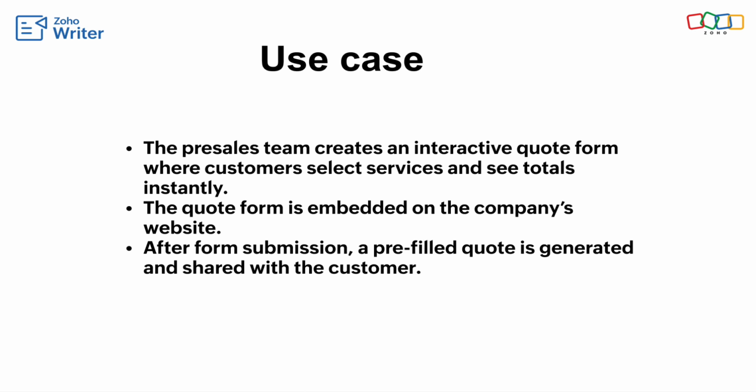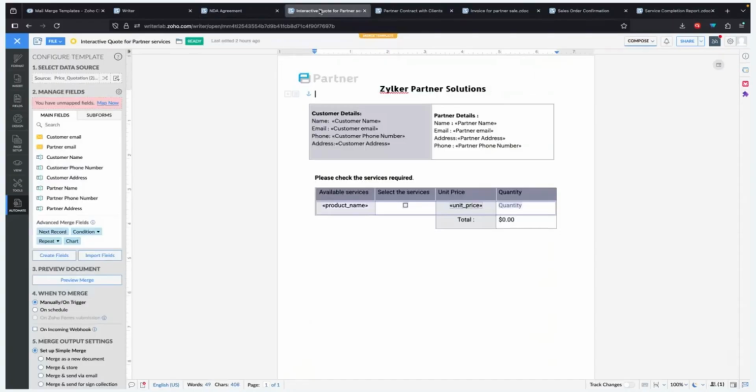Definitely. So in Writer, this is a recently released feature. So you can see that we have developed a subform table in the fillable field, which will allow you to generate a document which is interactive, and it will show real-time values to the customers.